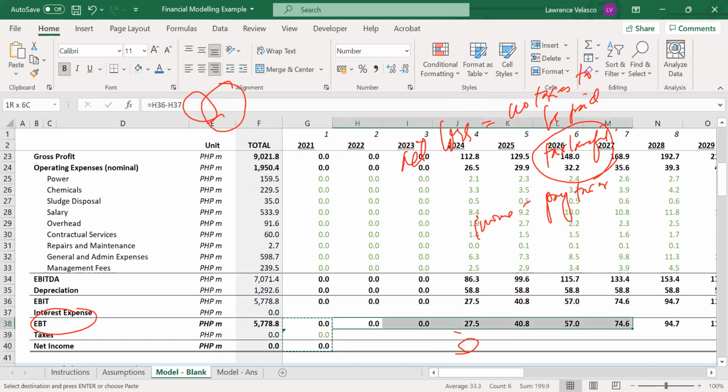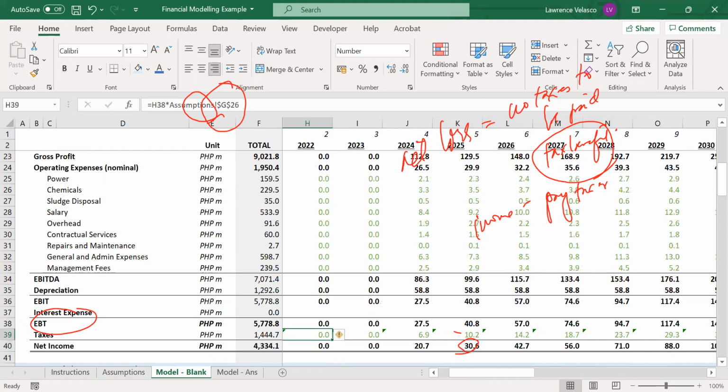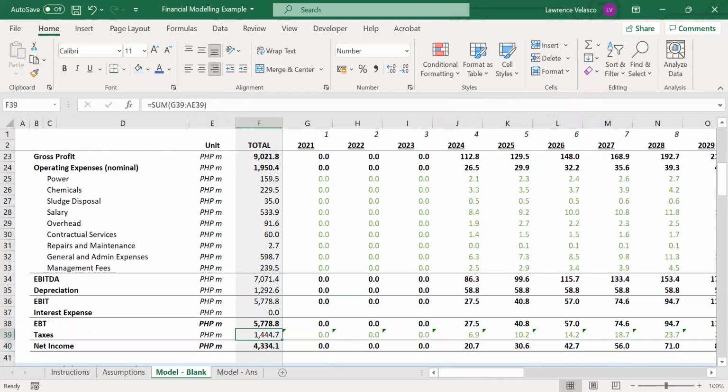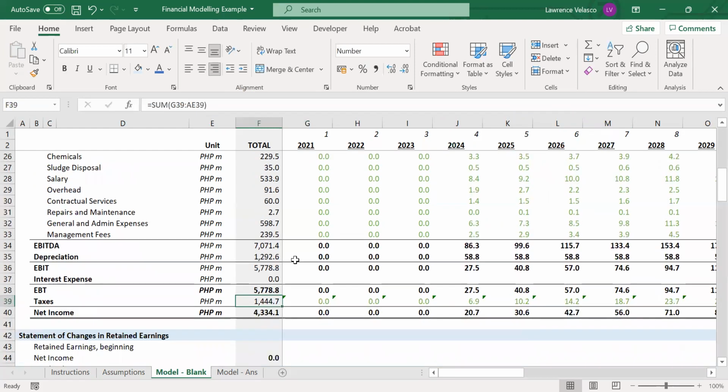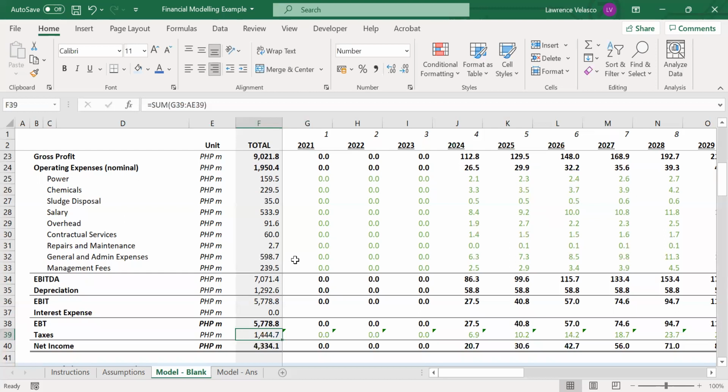Okay, and then copy it until the end. So yan, may net income ka na. Okay? May net income ka na. Dahil may net income ka na, tapos ka na sa income statement. Well, technically hindi pa kasi tandaan mo na yung interest expense mo hindi pa tapos. Iko-connect pa natin siya later.